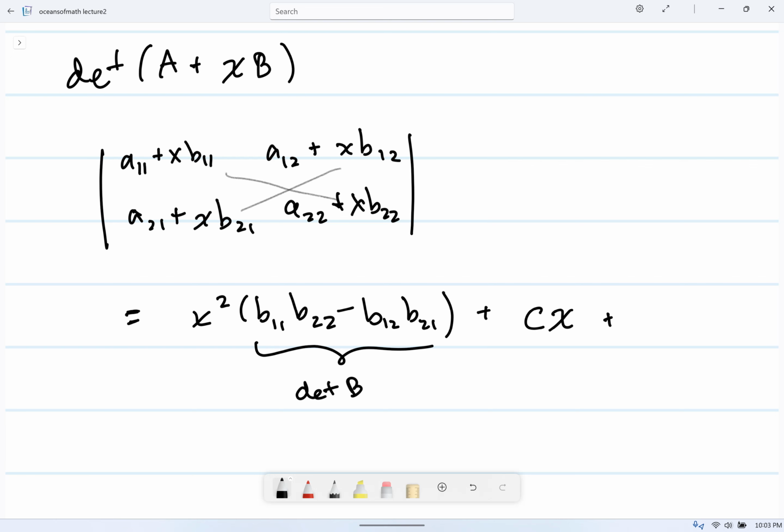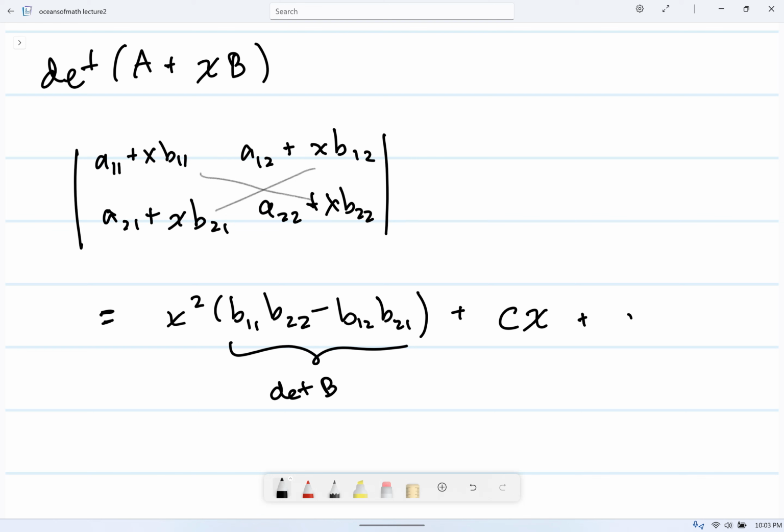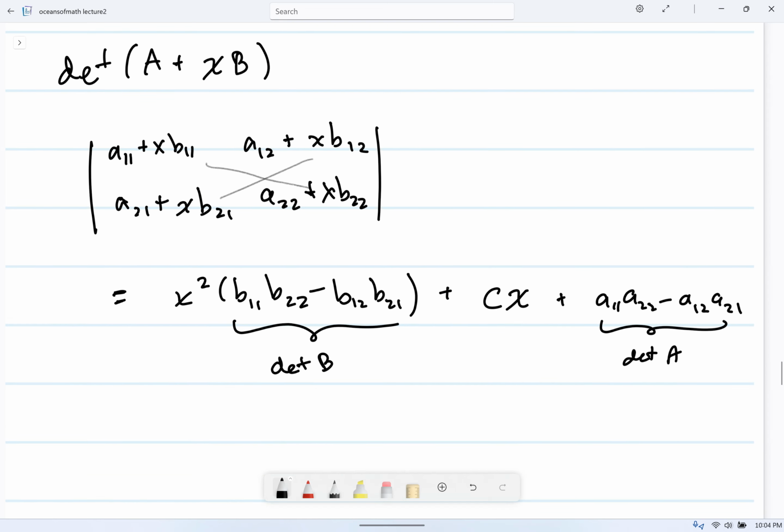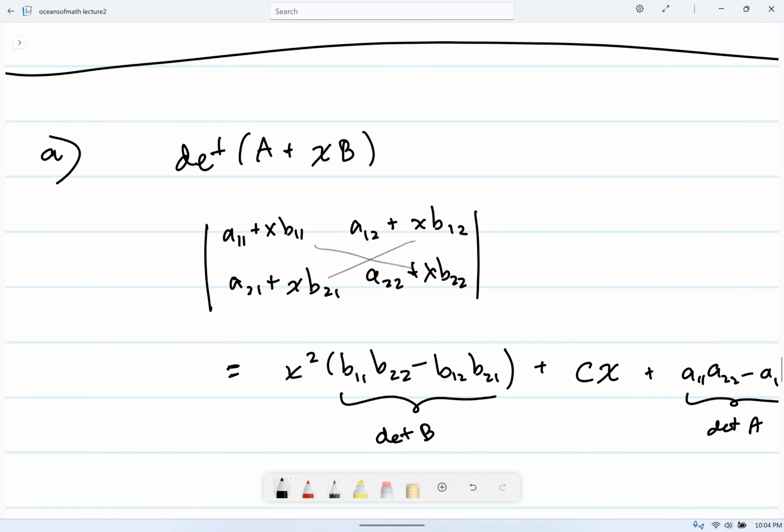And then the constant term is going to be, by the same logic, A11 A22 minus A12 A21, which is just the determinant of A. So I see that the determinant of A plus xB in M2(C) is in fact determinant of B times x squared plus some constant times x plus determinant of A, all right?